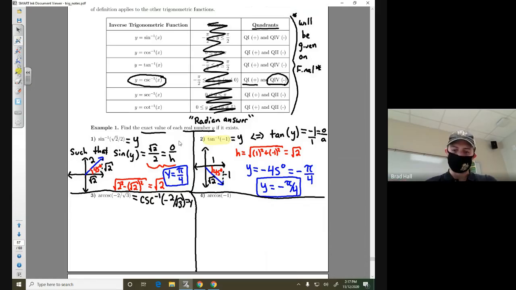What's happening is that cosecant of y is equal to -2 over the square root of 3 when we undo the inverse. The only reason we undo the inverse is because now we can see that cosecant is 1 over sine, so that means this is hypotenuse over opposite.